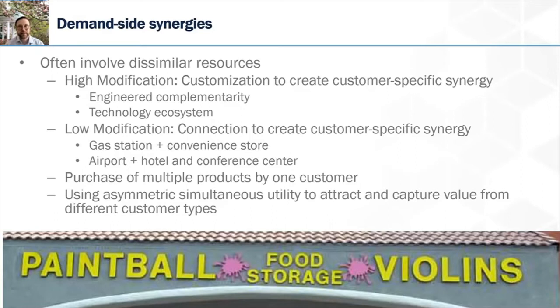By using the hotel that's co-located at an airport, they can bring everybody together for a face-to-face meeting, but don't incur the added cost of transportation into the city or things like that. Specifically with these customer-specific synergies, they're based on the purchase of multiple products by one customer.